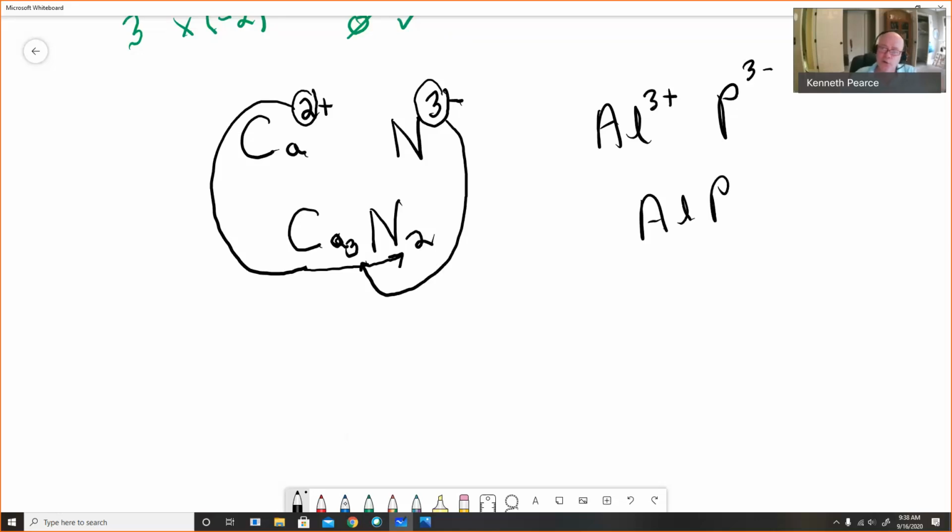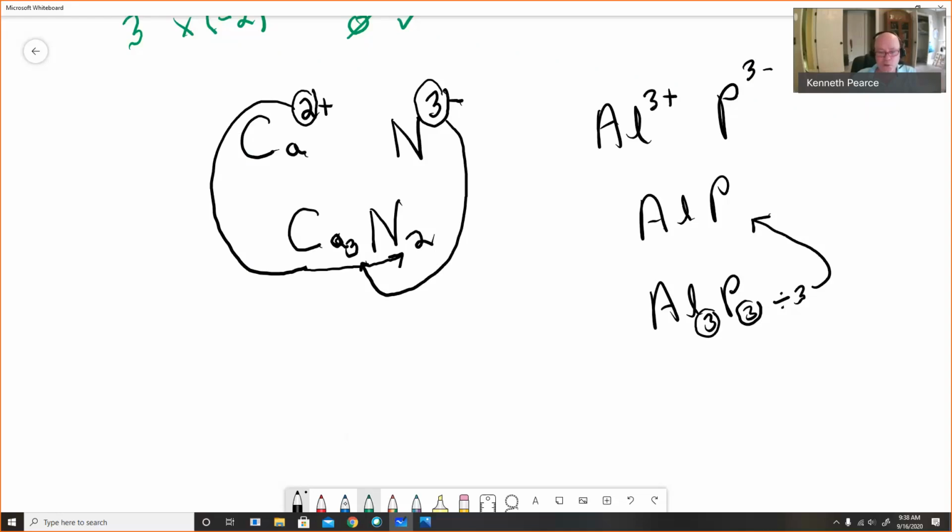Now what would happen if you did cross the charges? Well, then we'd have this situation, which would still be 0 for the total charge. The problem is we want these numbers to be the lowest possible numbers. So the way to get the least possible whole numbers is to divide them all by 3, and we're back to aluminum phosphide with subscripts of 1.